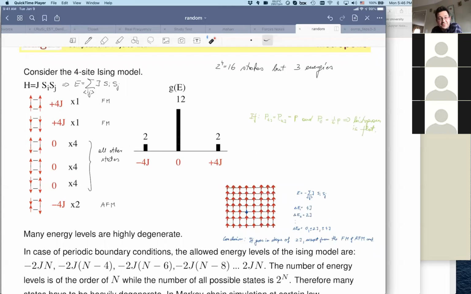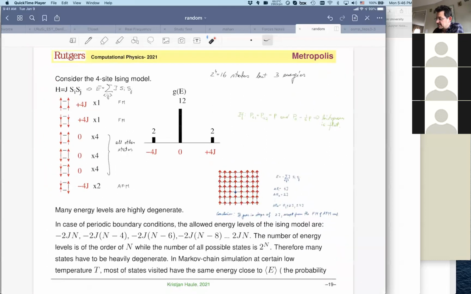Now, how does it work? The first approximation, what we are trying to do here is, instead of thinking of configurations X, you remember, we are thinking only of energies, because somehow we say that there are so many states that have the same energy.